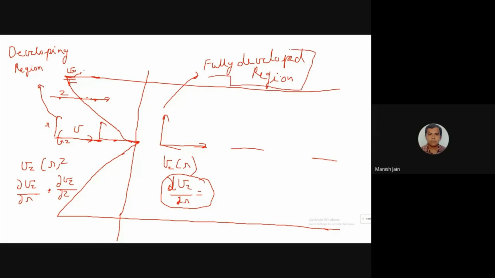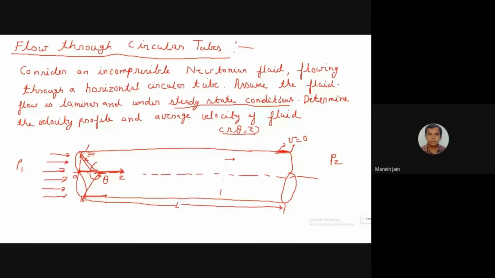Okay, so the assumption is, if the length of the pipe is very long, suppose L by D, where L is the length of the pipe and D is the diameter of the pipe. If L by D is greater than 50, the length of the pipe is greater than 50 times the diameter of the pipe, then the developing region can be neglected.